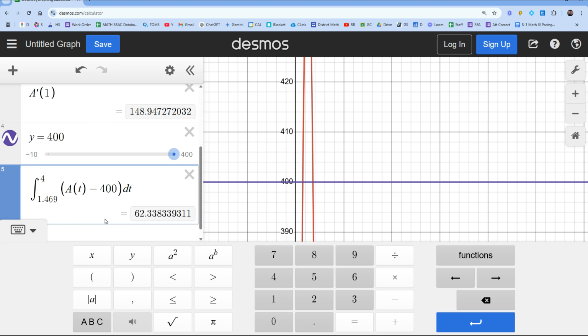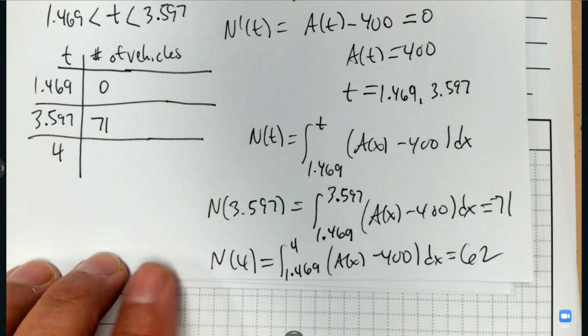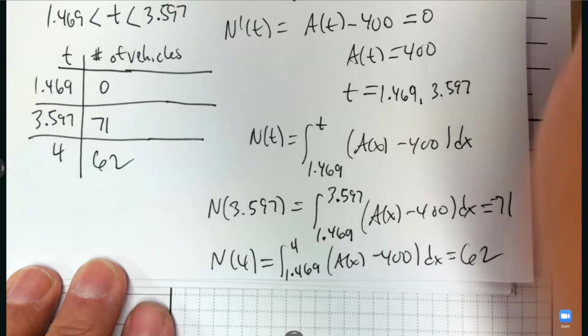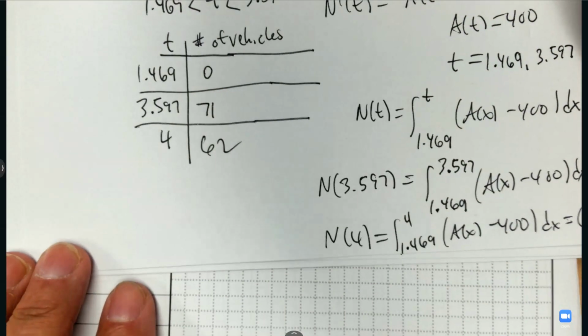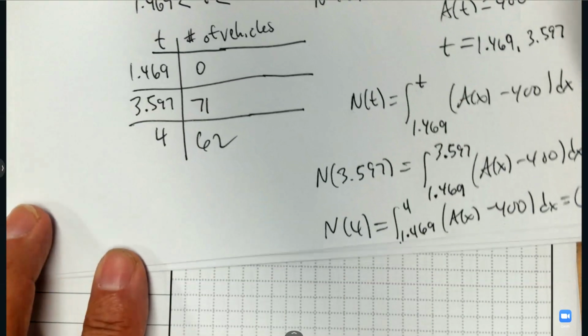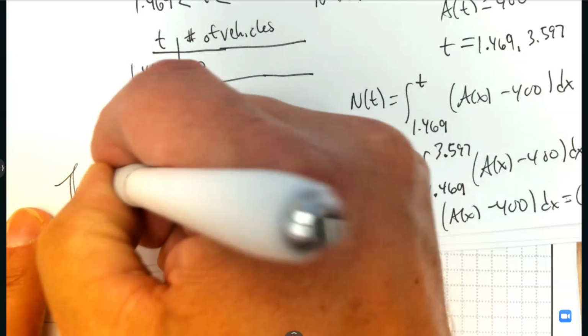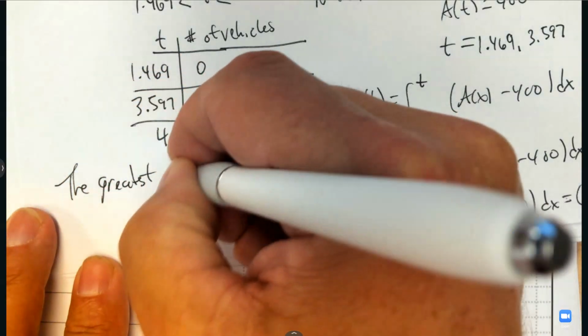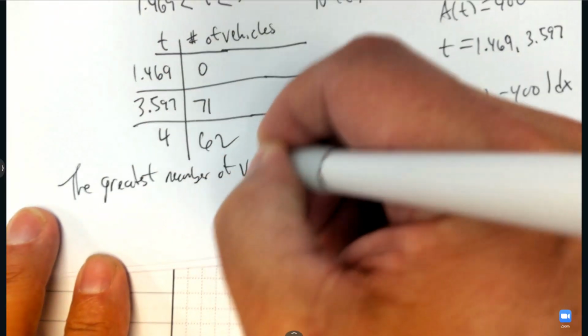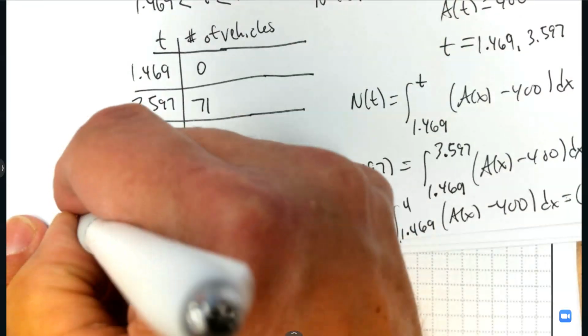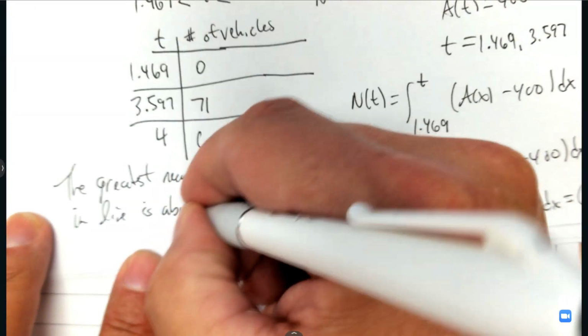And I get 62. All right, I am done, and I'm just there at 15 minutes. So the question is, find the greatest number of vehicles in line. So the greatest number of vehicles in line is about 71.